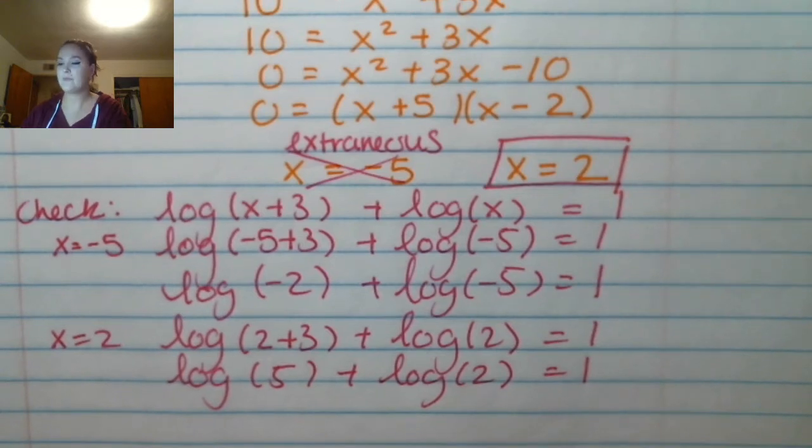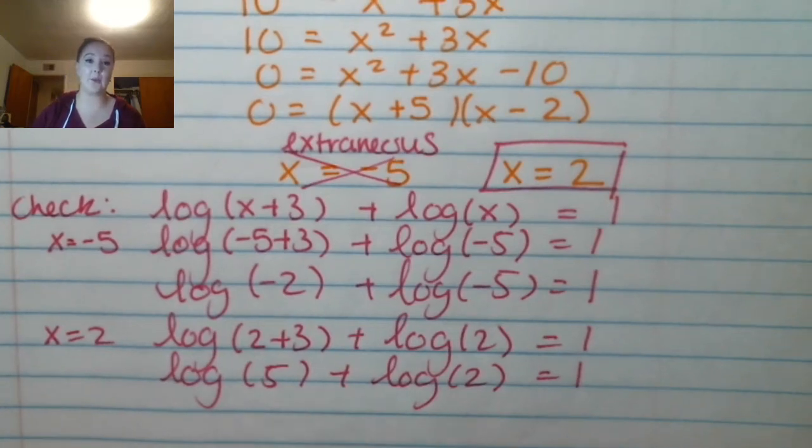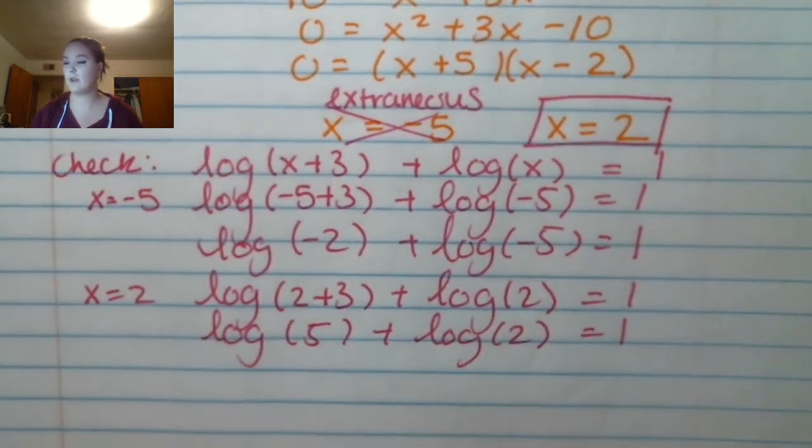All right. So that's really all there is to solving equations using log properties. You use the log properties to combine it into a single equation, and then you solve it the way we were solving other log equations, not forgetting about the possibility of extraneous solutions.